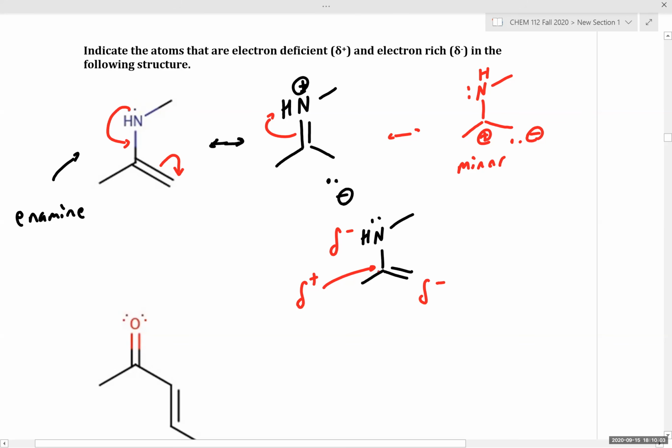So this middle carbon is somewhat electron deficient. So we've already started to generate a map of the relative amount of electron density on each of our atoms based on resonance effects. Pretty cool, right? Does this make sense so far?